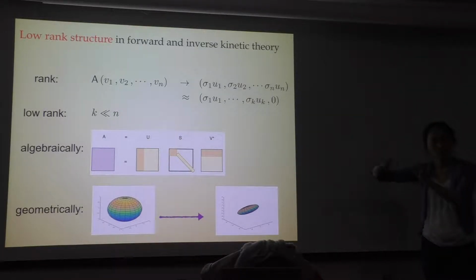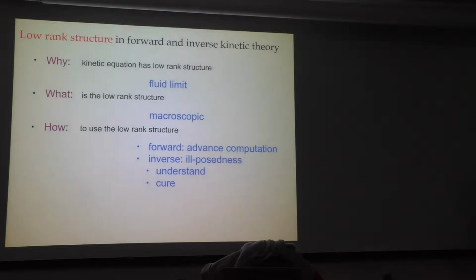That basically means lots of the degrees of freedom can be thrown away. They are compressed, they are negligible in my outcome. So the low rank structure in a system means you can throw away these degrees of freedom without causing any error.